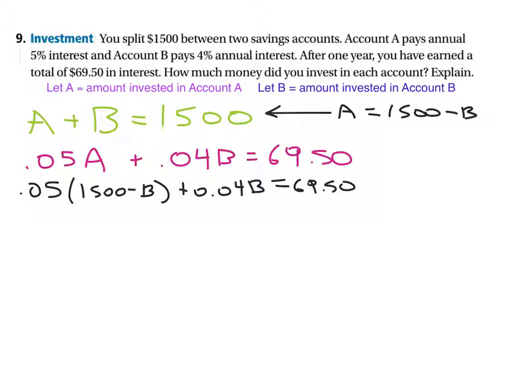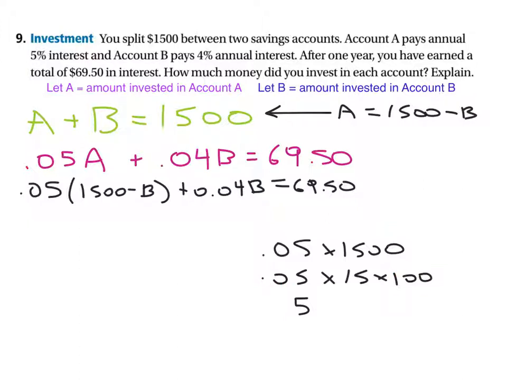Multiplying this through, 0.05 times 1,500, just as a fun fact, is really 15 times 100 times 0.05.